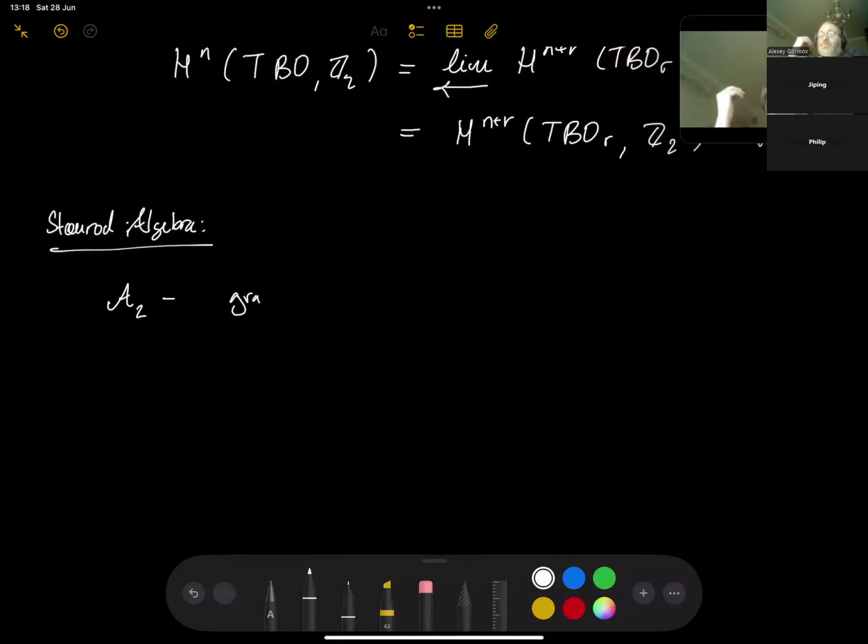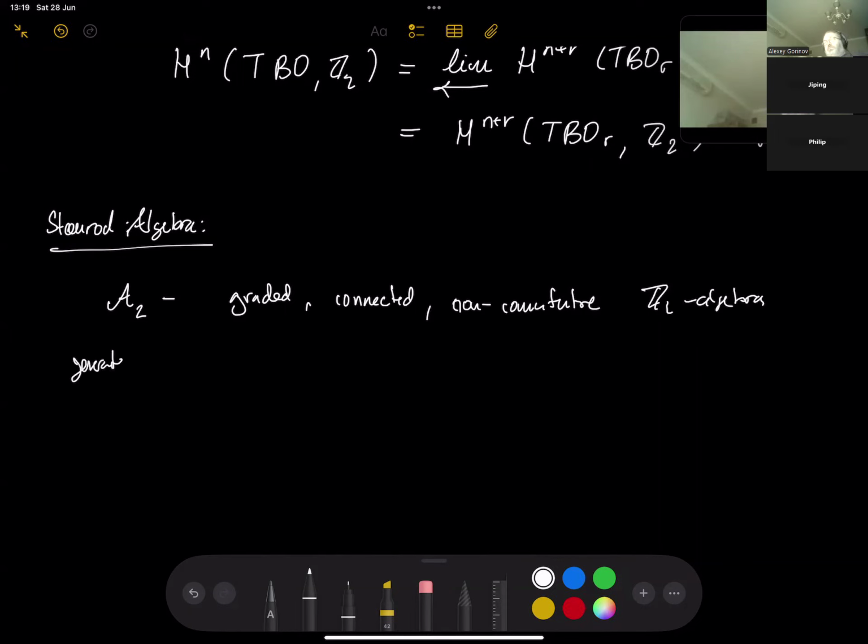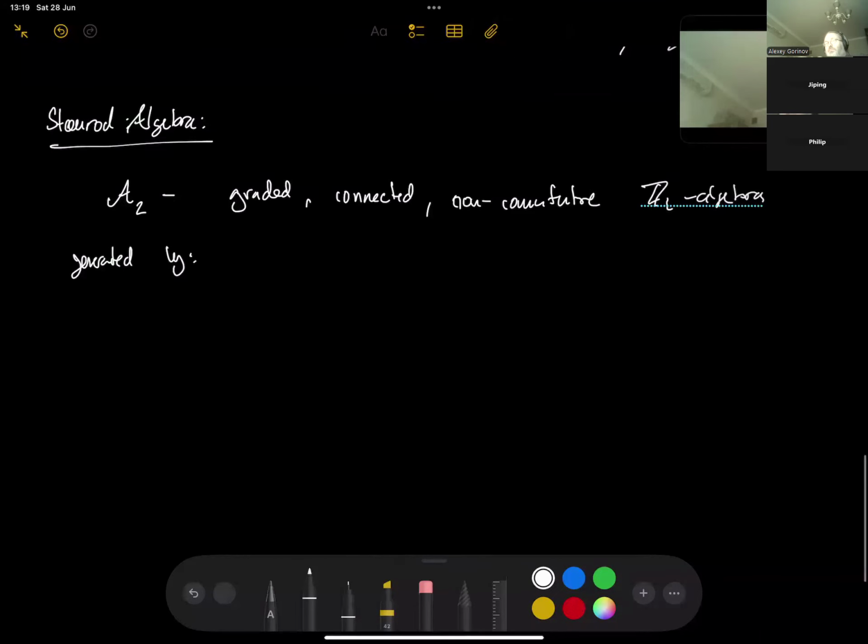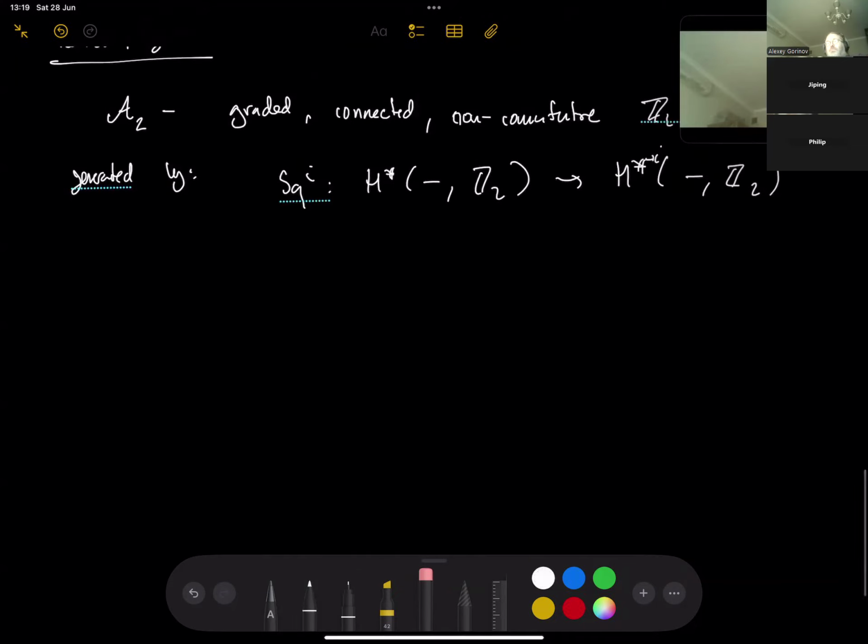So it's a graded, connected, non-commutative Z2 algebra generated by Sq^i, which are maps on the Z2 cohomology with an increase in degree i.